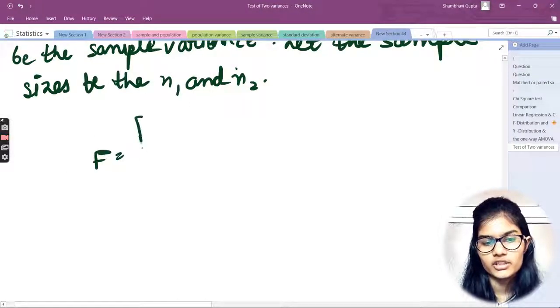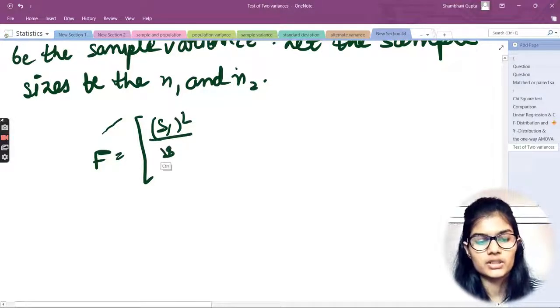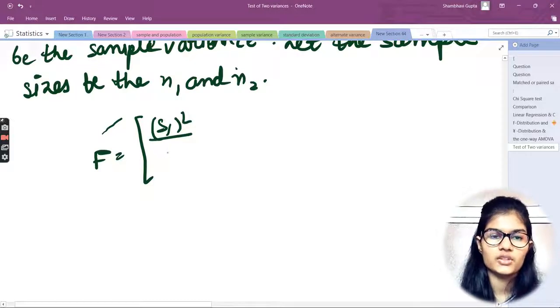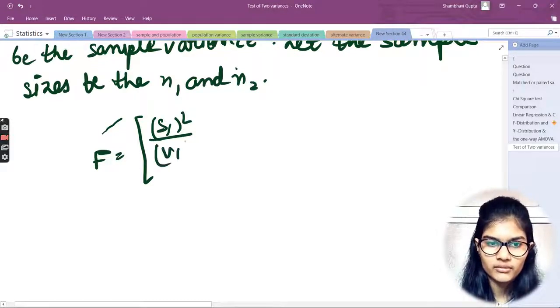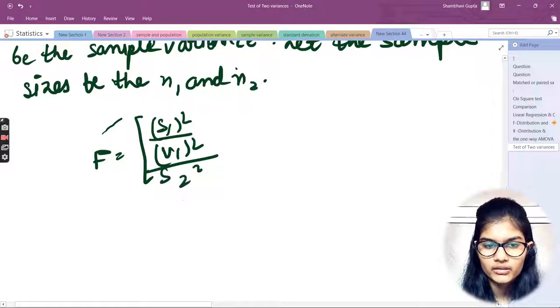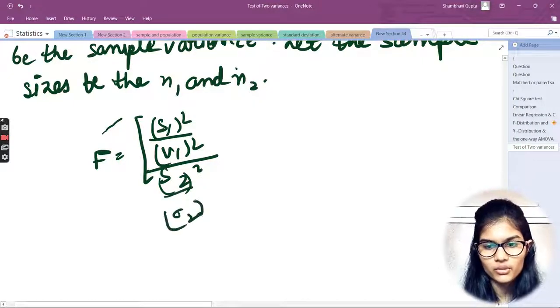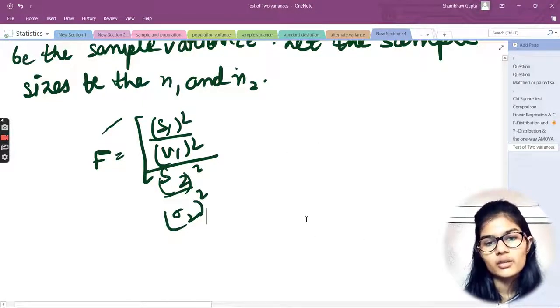So F is equal to S1 squared upon sigma 1 squared, upon S2 squared upon sigma 2 squared. Yes, this is how we put on the relevant formula.